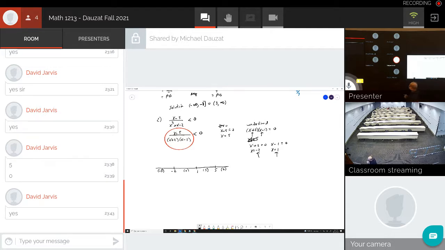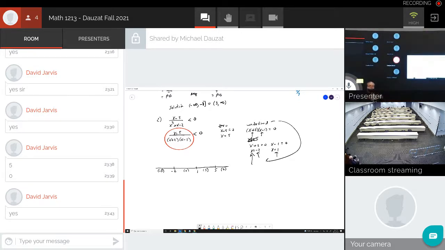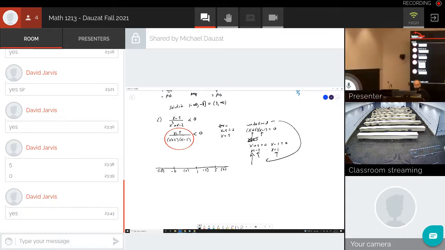That's what made it undefined. -2, see right here? -2 is your undefined point. Undefined points can never be a solution. So at -2, what are you going to put? Open or closed circle?